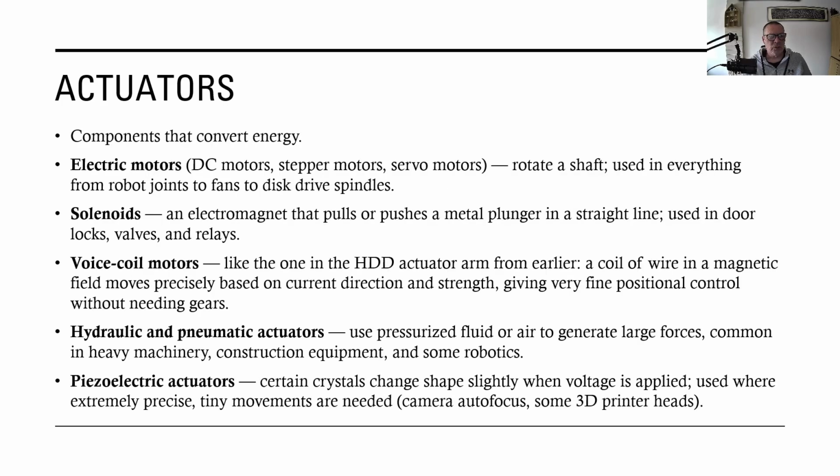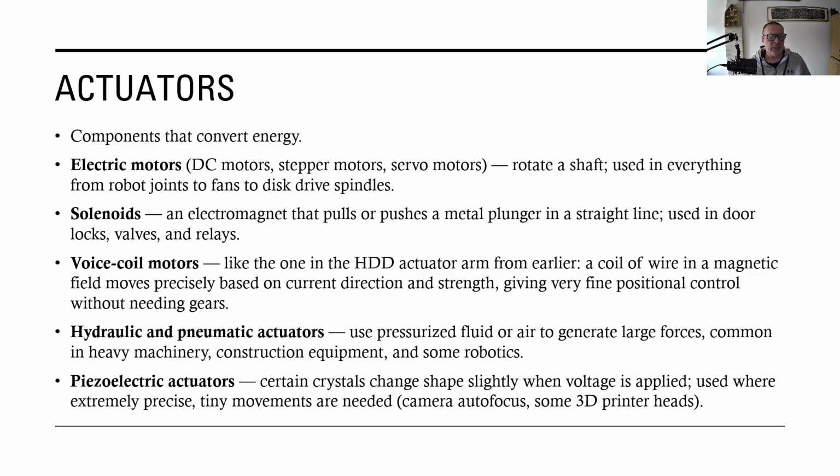And then to control things, we use actuators. An actuator is generally a component that converts energy from one form into another. So it could be from electrical energy into physical movement. Now, electric motors, there are lots of different kinds of motors, but they have a rotating shaft, used in everything from robot joints to fans to disk drive spindles.